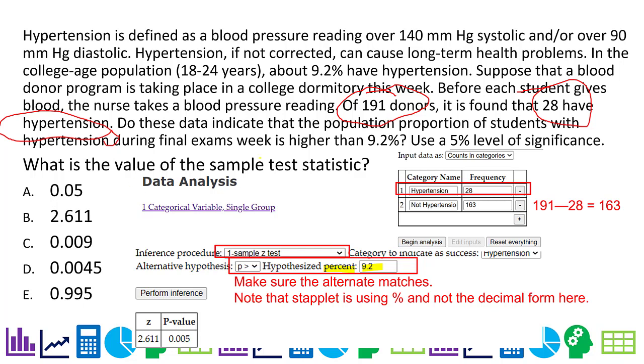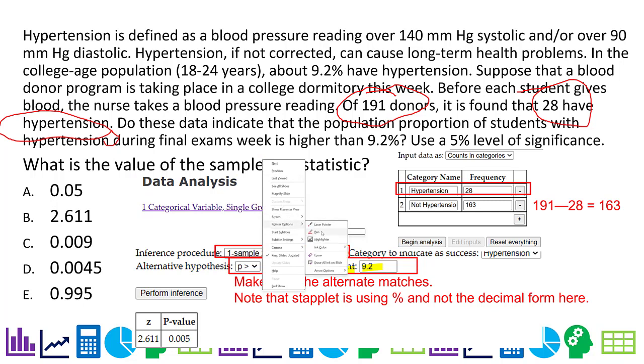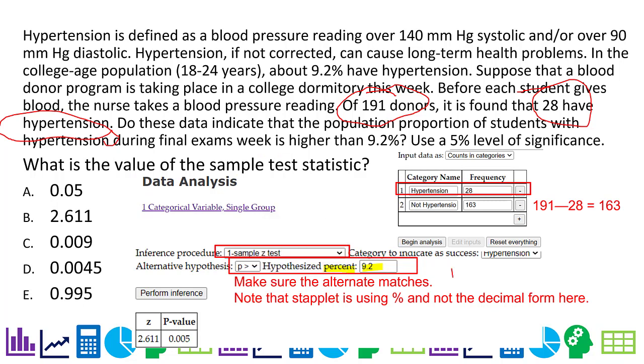So again, let me get my pen, just so you can see. Wish I could type on here. If proportion, proportion right here, sorry, I'm writing because I don't, then use 0.092, okay?